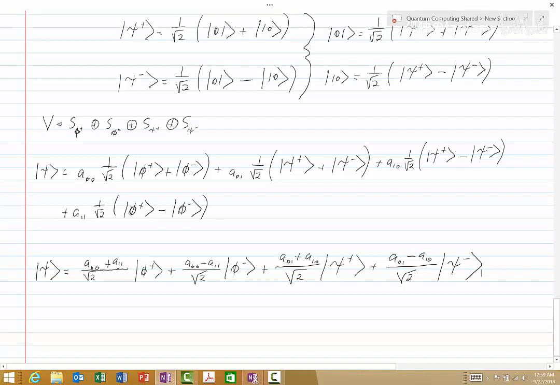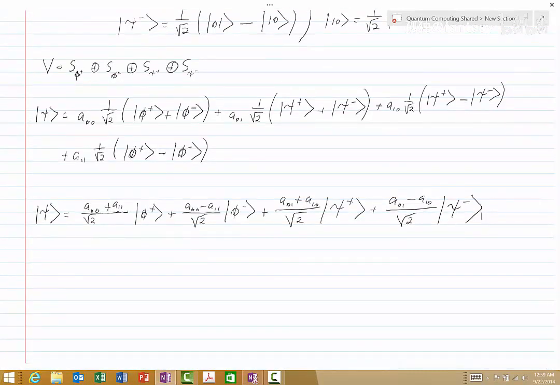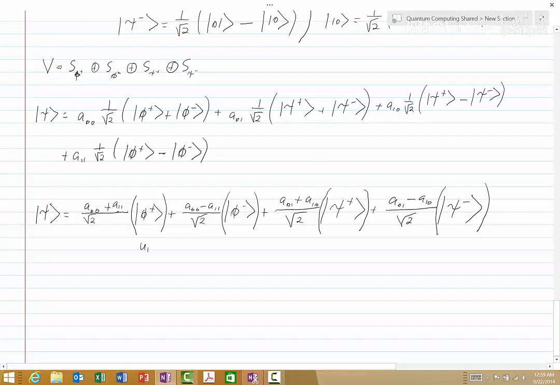So we now have written C in terms of the Bell basis, and we can make this look exactly like what we've done before, if you wish, by simply putting parentheses around each one of those basis vectors and calling this U1, this is U2, this is U3, this is U4.